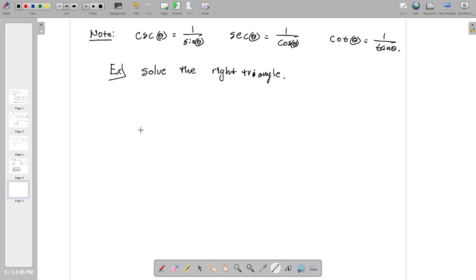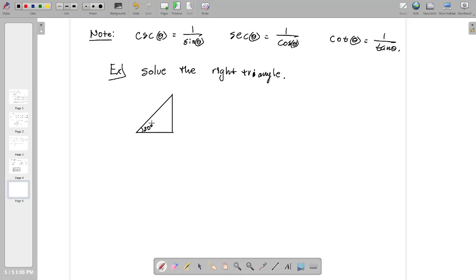Solve the right triangle. Suppose that we have a 30-degree angle, and we know the hypotenuse is 6. When we're trying to solve a triangle, we want to know what the length of each side is and what each angle is. We know this is a right angle, so we already know that this is 90 degrees. And since all angles of a triangle add up to 180, in order to get this angle alpha, we just need to subtract 90 and 30 from 180.